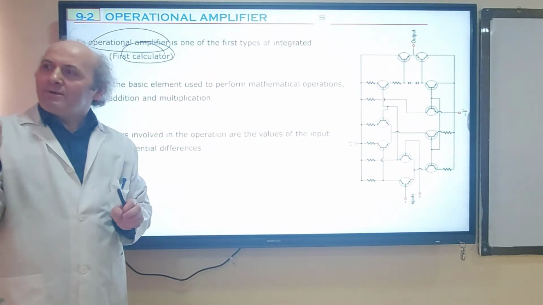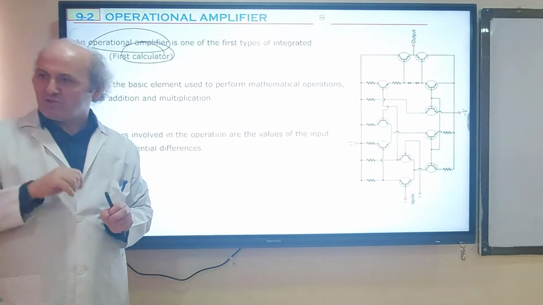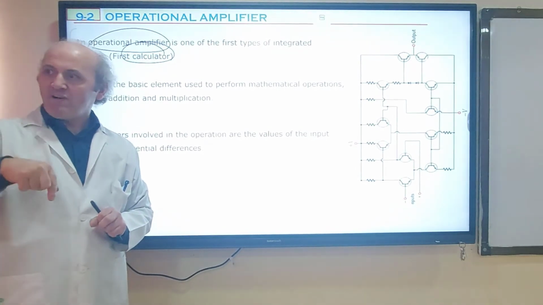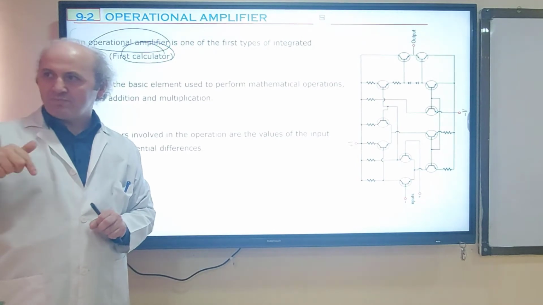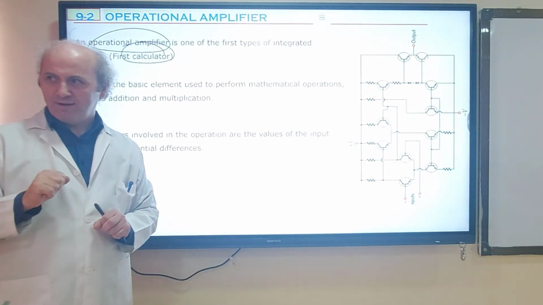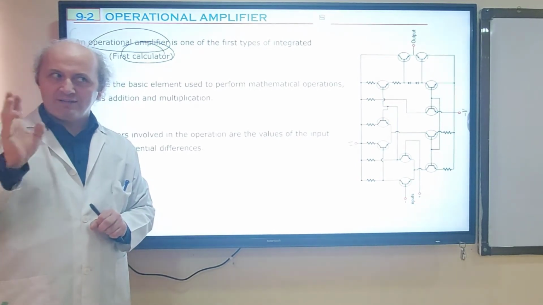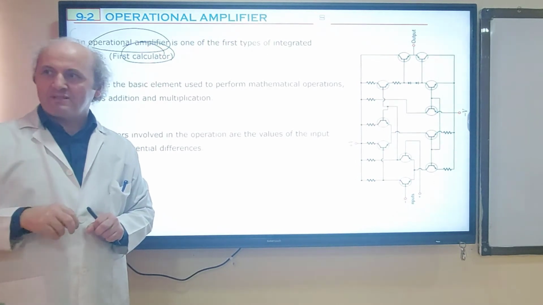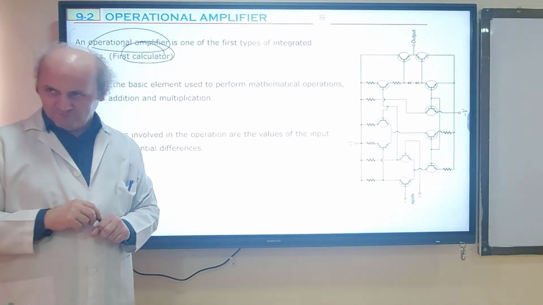So numbers are involved with the potential difference. Number 5, say, corresponds to 5 volts. Number 10 corresponds to 10 volts. For example, 5 times 5 is 25.